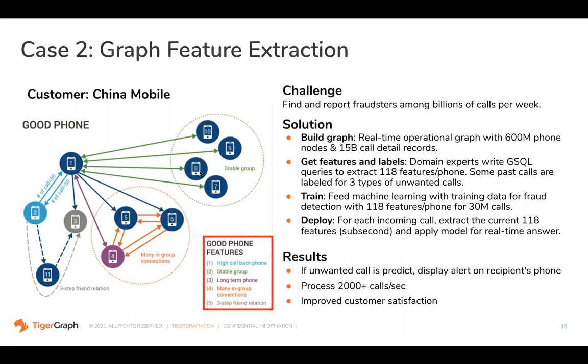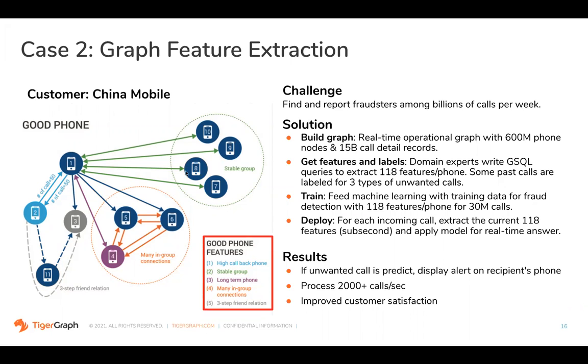Every phone has these feature values for itself. You put that into the machine learning system, you get your result. The goal is to predict unwanted calls. What is the behavior of unwanted, maybe scam phone calls?